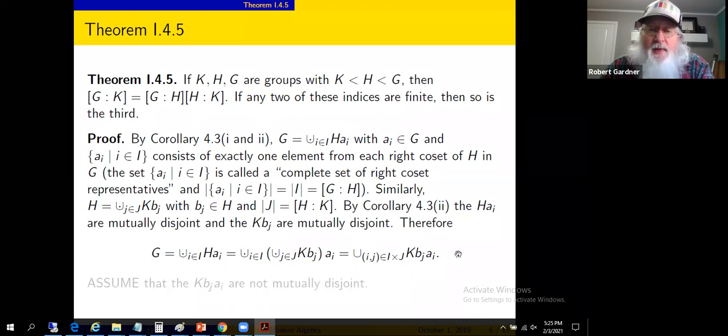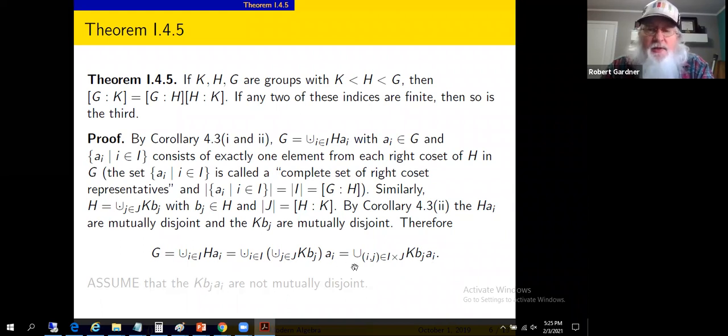All right. That gives us a union over all i in set capital I and all j in set capital J of K, B sub j, A sub i. So the meaning of this multiplication of these sets is simply this thing here.